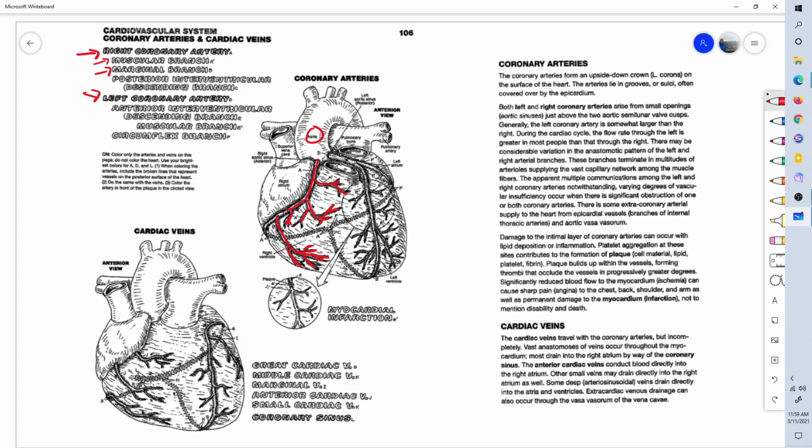And it continues to wrap around into the posterior interventricular or descending branch. So it will have branches coming off of it like so, and then wind up with this descending branch here on the back side of the heart.